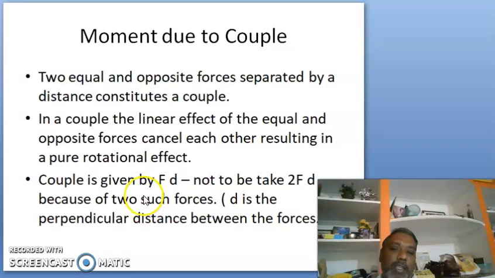So the couple is given by force into distance, Fd, which is not to be taken as 2Fd because two such forces are available. Here d is the perpendicular distance between the forces, so the total couple given by the two forces is Fd.